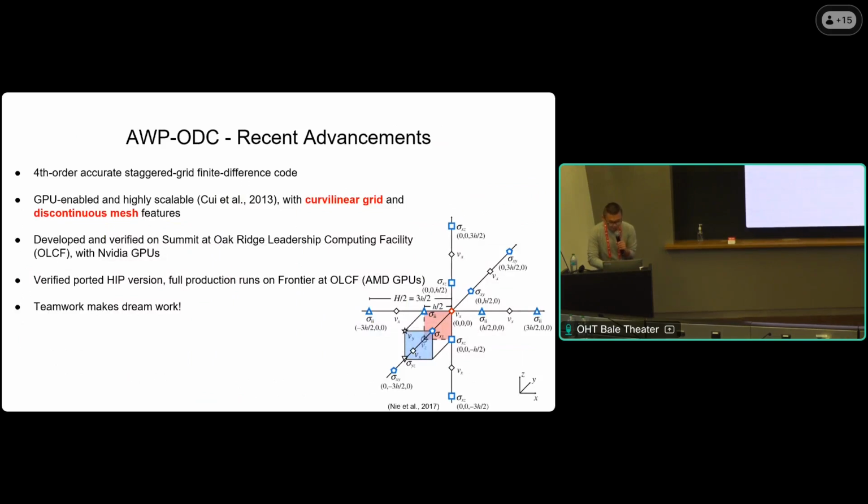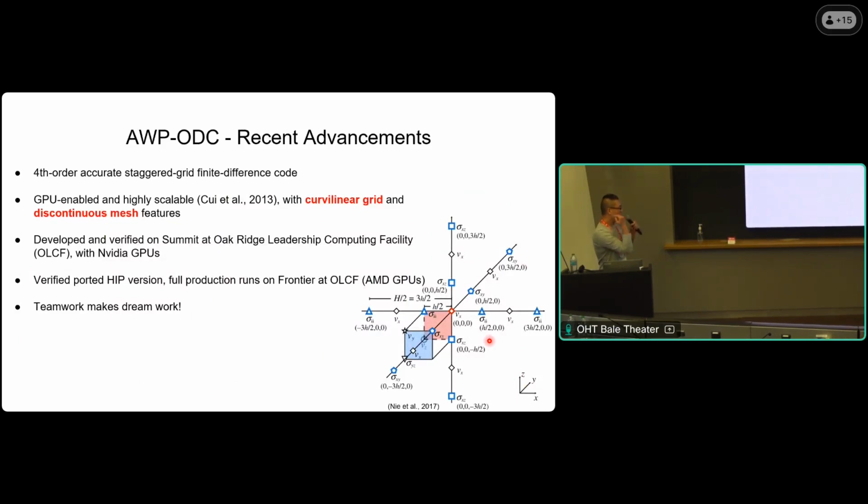The wave propagation simulation code AWP-ODC is a 4th order accurate staggered grid finite difference code. When I say staggered grid, some people might not be familiar with what I mean. Please look at the diagram here.